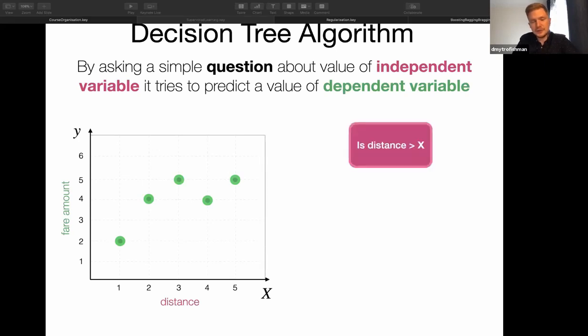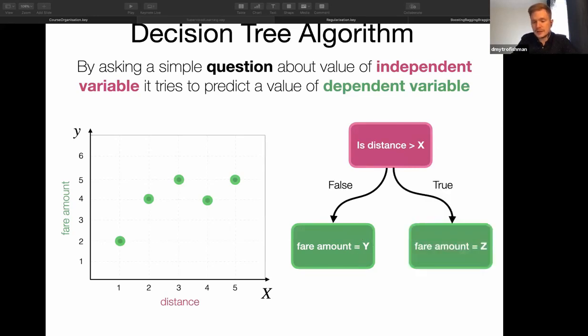We have a question about the value of the independent variable, which is distance, and then we have two outcomes. If the distance is smaller than x, we predict price y. If the distance is bigger than x, then we predict price z.